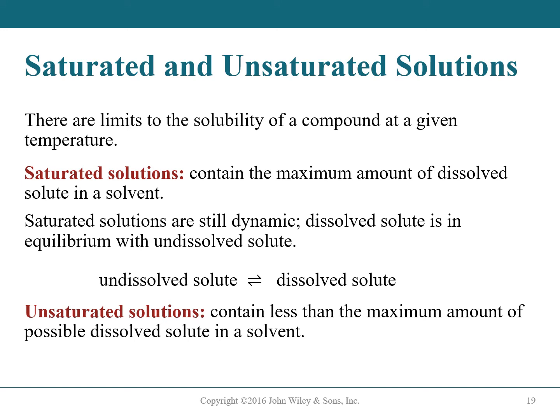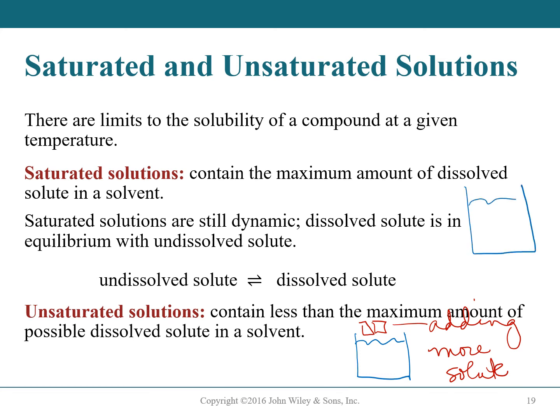Okay, so what happens is if I have a solution in here and I'm adding more solute, in a saturated solution, you'll just see the solute sink to the bottom, and no matter how much you stir it, the amount that you add is the amount that you see on the bottom.